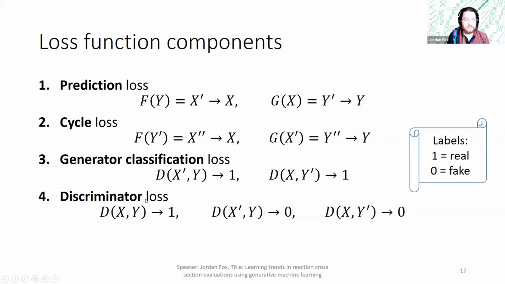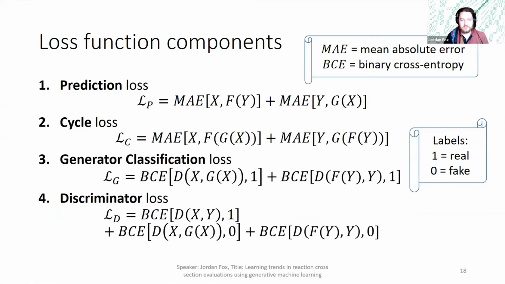Okay. And I'll show you, just for completion, the actual formula. When we're comparing two cross sections, we use mean absolute errors, and when we're comparing classification labels, 1 or 0, or the output of the discriminator, we use binary cross entropy.